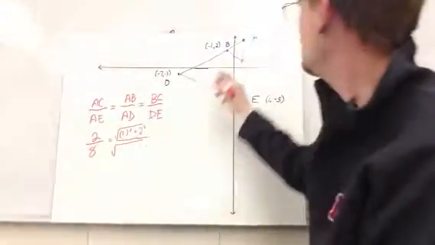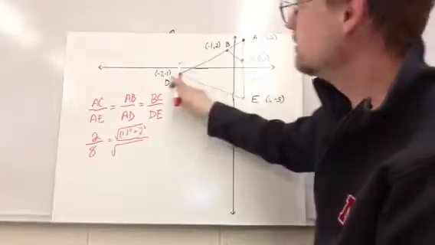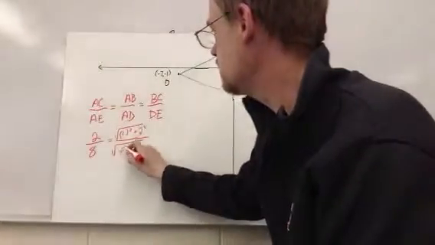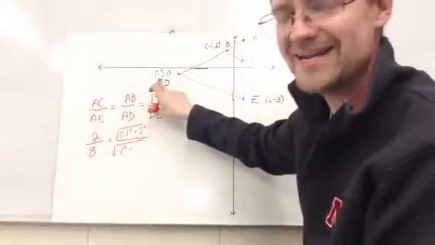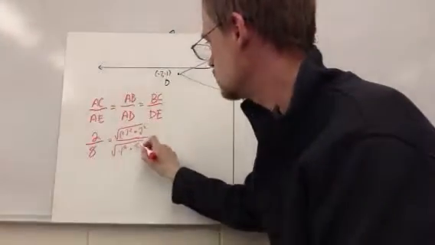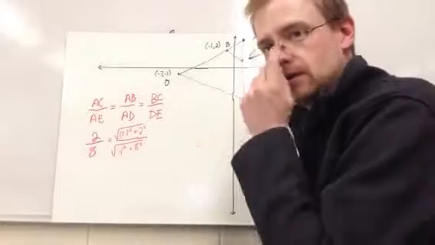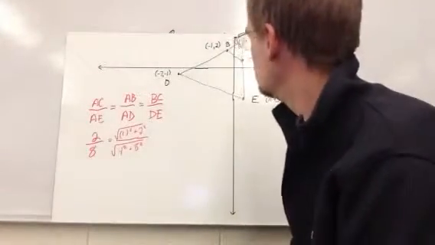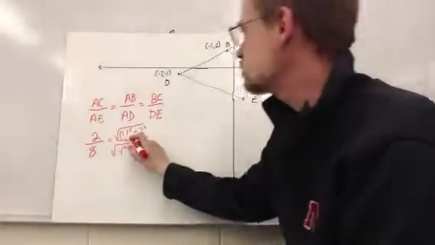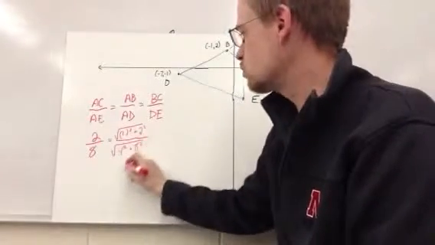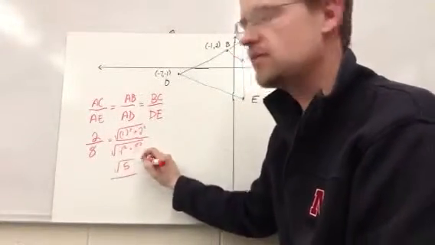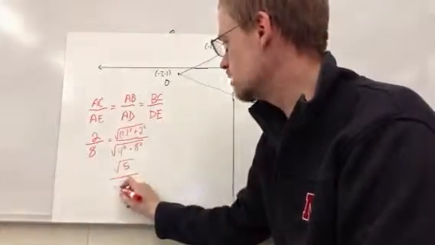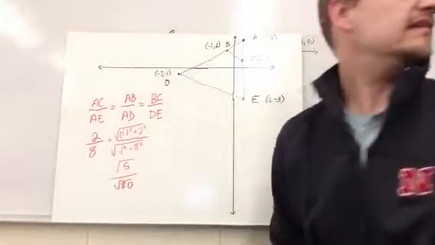We put that over AD. 3 minus -1 is 4 squared plus 1 minus 7 is 8 squared. That's already looking a little funny. Let's take a look here really quick. 1 squared is 1 plus 4, that's 5. That is the square root of 5 over 16 plus 64. That's going to give us the square root of 80.